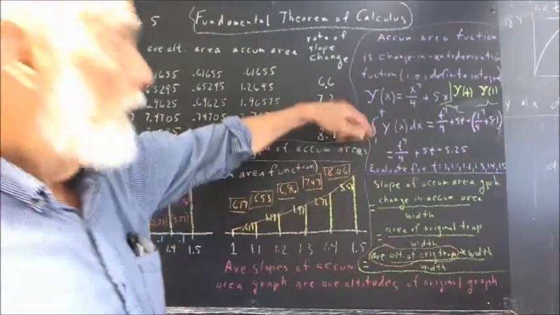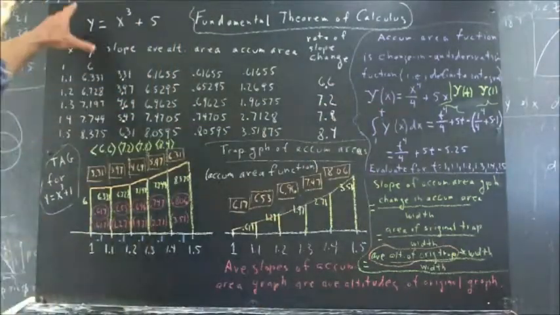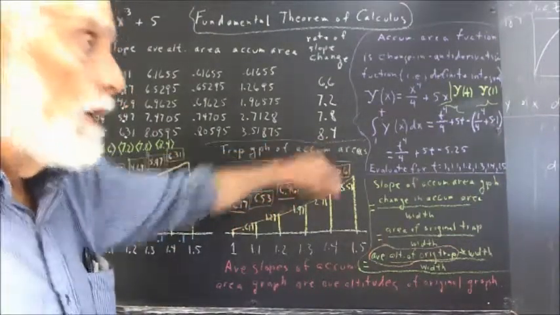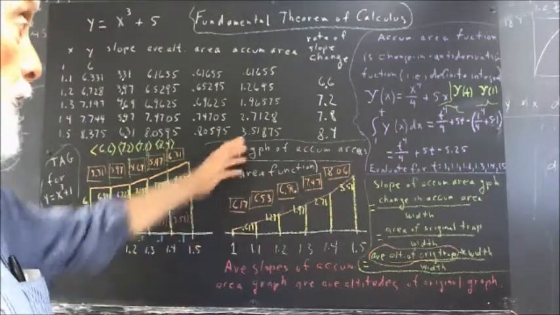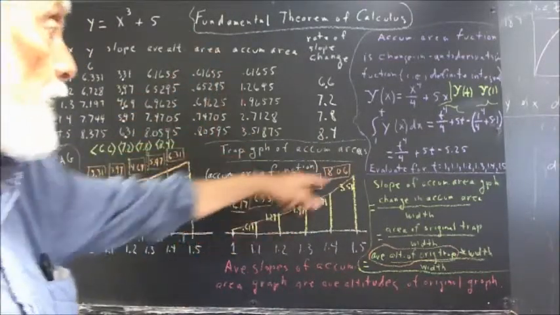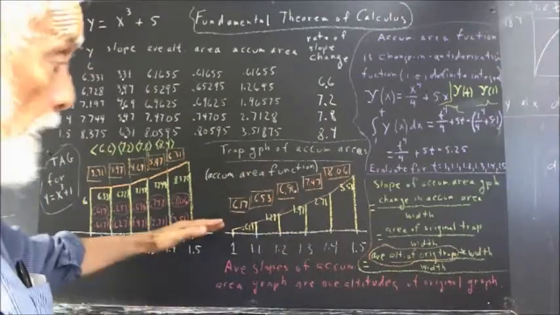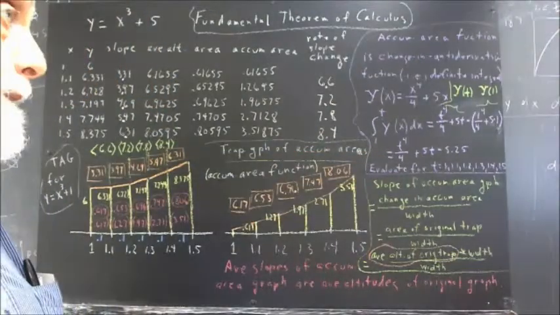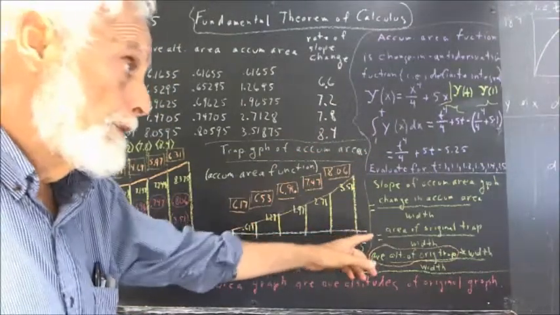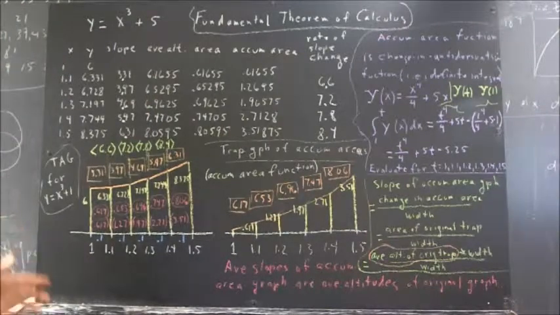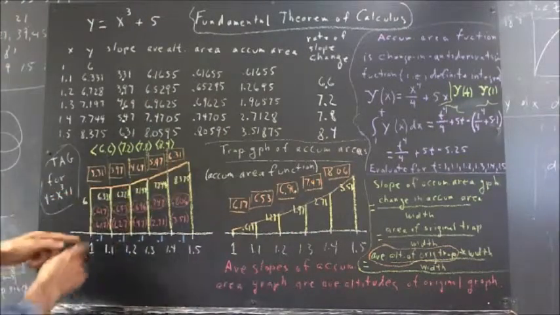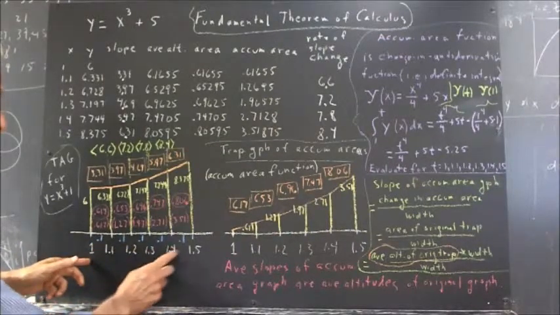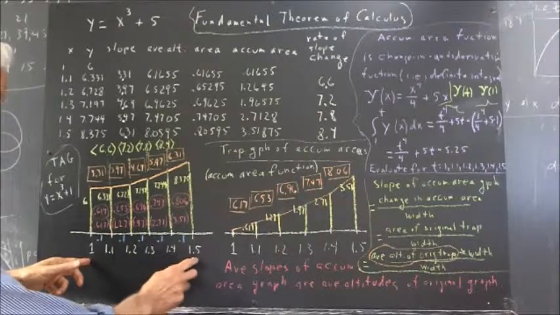That is, the values of the definite integral of our original function, the values that show up on our table of accumulated areas, and the values on this accumulated area graph, so that this is a graph of this function. With each of these values representing the change in area of our original function, starting at x equals 1 up to whatever our value of t might be.